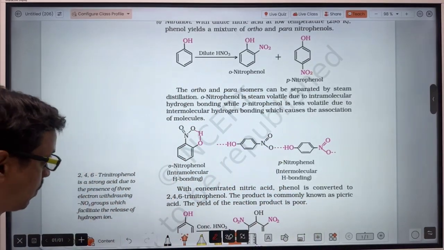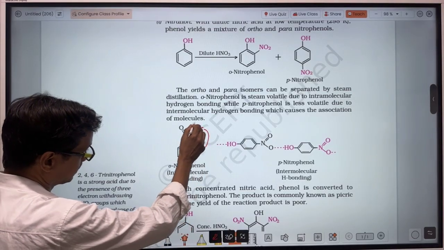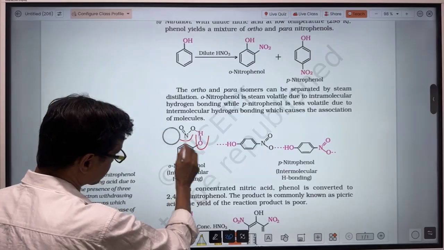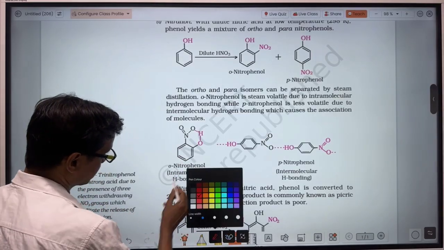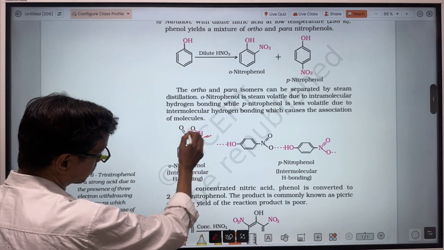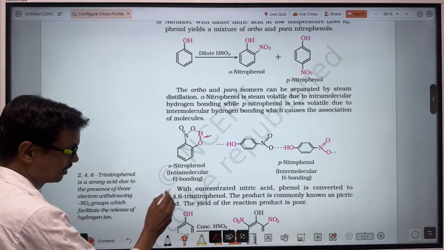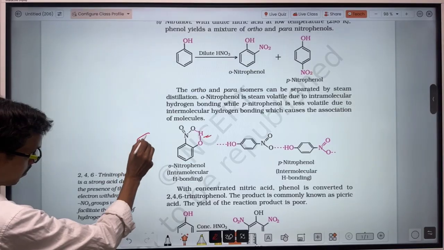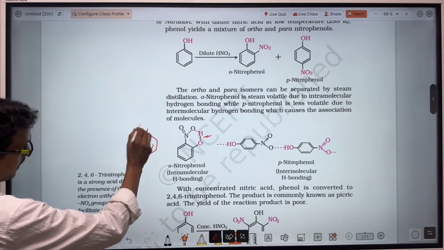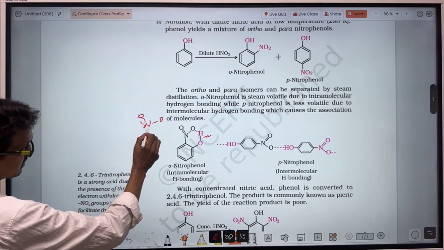So in the case of orthonitrophenol, how is that? Here, this OH and this NO2 are closer to each other. So the hydrogen of this OH will bond to this oxygen. That is called intramolecular hydrogen bonding. If there is another molecule here, then what will happen?